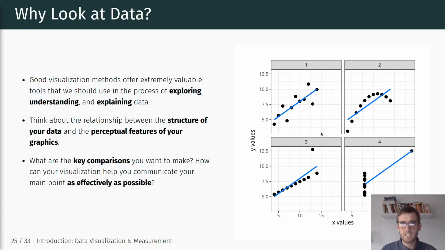But if we look at the actual scatter plot, we see that they represent extreme, completely diverging relationships between x and y, right? So just by looking at the correlation, or just by looking at the regression or mean and variance, we would think that each of those relationships are exactly equivalent.